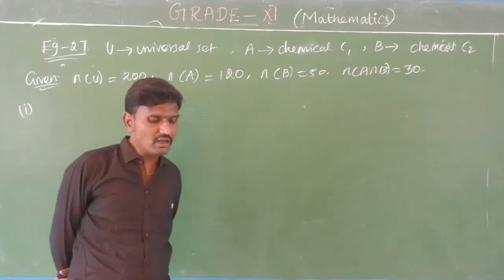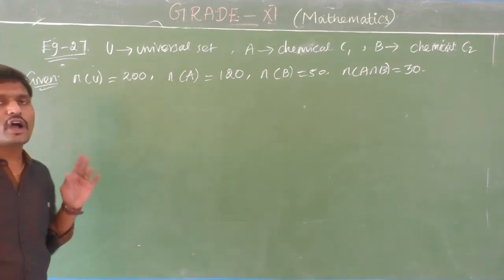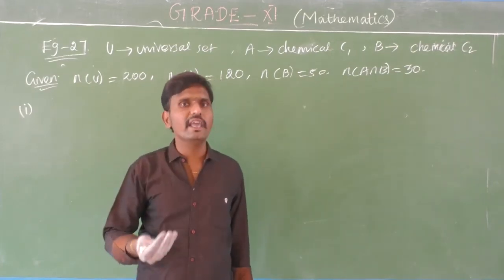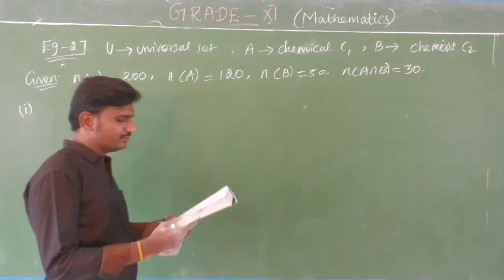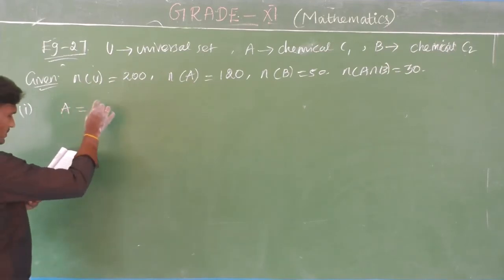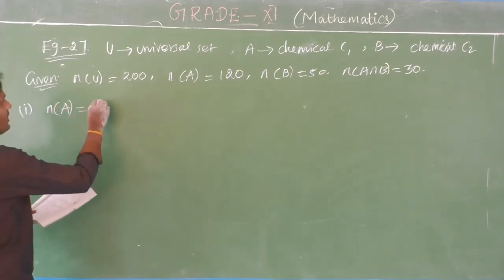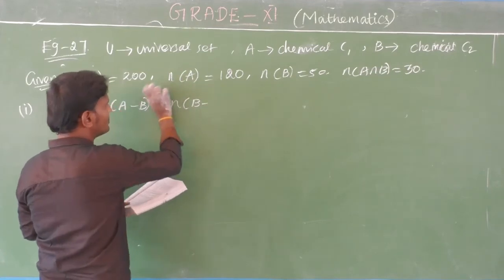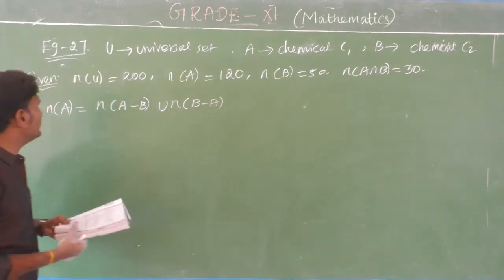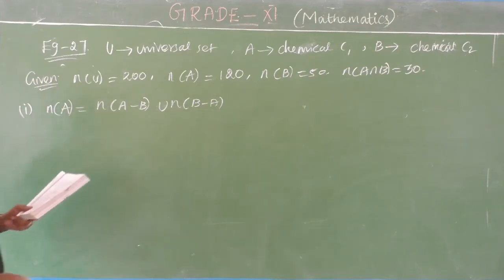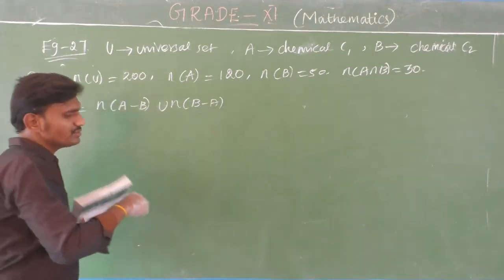So already I gave you some formulas from the first: n of A minus B, n of B minus A, n of A union B. Then here is a very important formula I'm going to give: n of A union B equals n of A minus B plus n of B minus A plus n of A intersection B. Also n of A union B equals n of A plus n of B minus n of A intersection B. Like that, if you get some problem, you have to eliminate this.